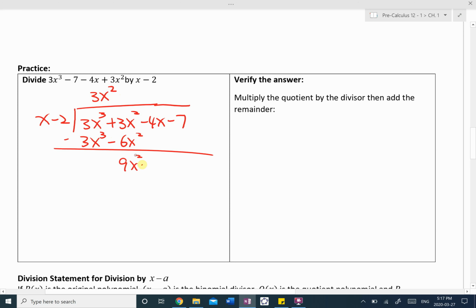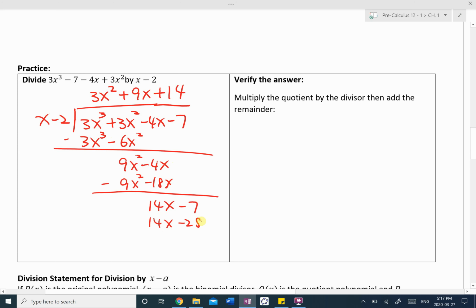Subtract 9x squared minus... Okay, so that seems to be my answer. I'm just going to quickly verify the answer by multiplying.